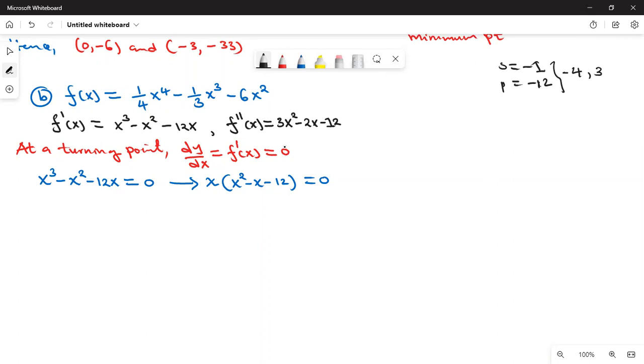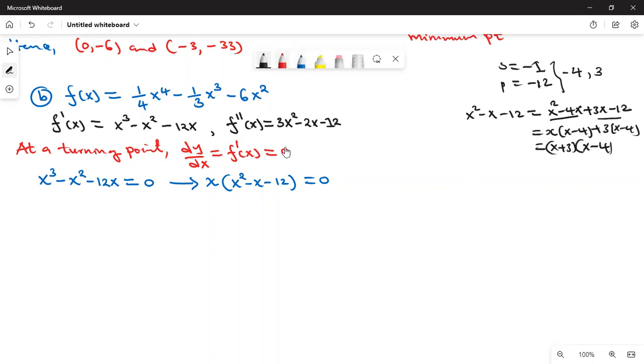So x squared minus x minus 12 can now be written as x squared minus 4x plus 3x minus 12. When I group them into two, in the first group, x is common, so that we have x minus 4. In the second group, 3 is common, we have x minus 4. So that can be written as (x plus 3) into (x minus 4).